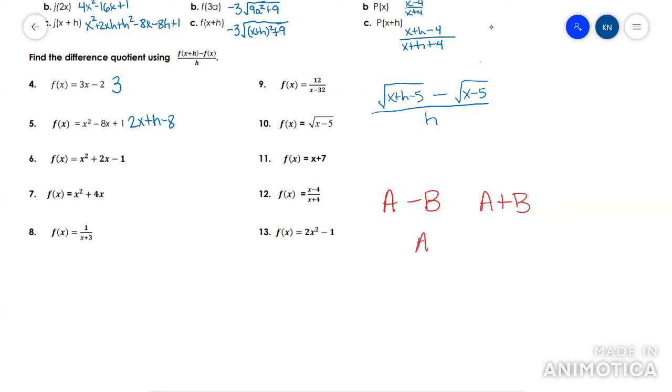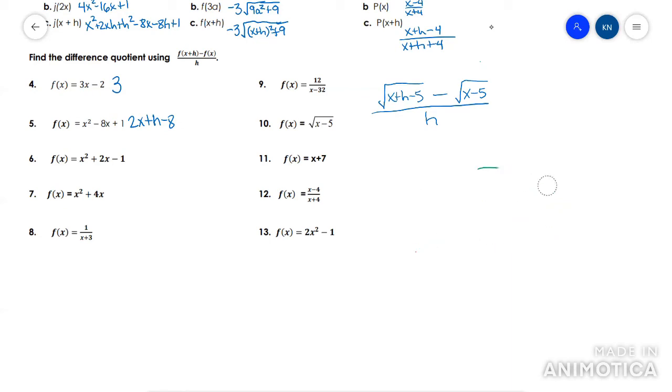You'll have your a squared part, you'll have a plus ab and a minus ab that cancel, and then you'll have your minus b squared part. Look, this right here is the reason we're going to do this, because the plus ab and the minus ab will cancel. I know it hasn't made much sense yet, just keep this in mind. I'm going to be multiplying by the conjugate of this.